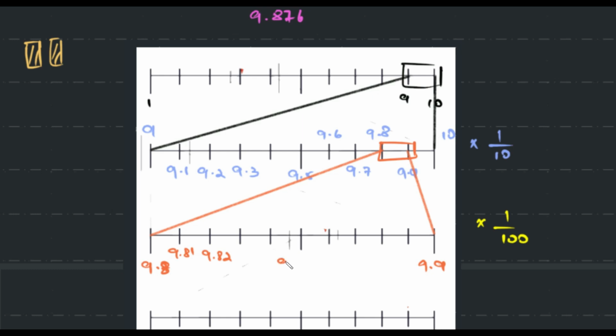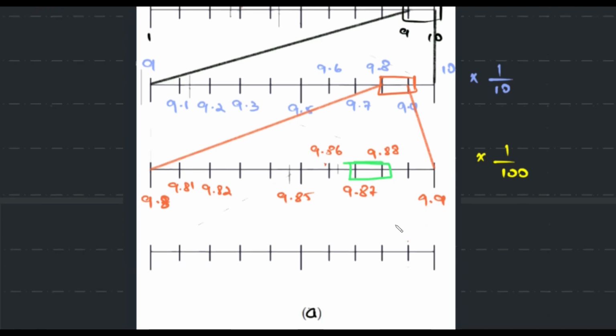So let me directly go to 85, that's the middle. 9.86 and 9.87, 9.88. So basically it's between this space. Is that correct or am I wrong? Yes, it is after 9.87. So 9.87 to 9.88. Further zooming in.